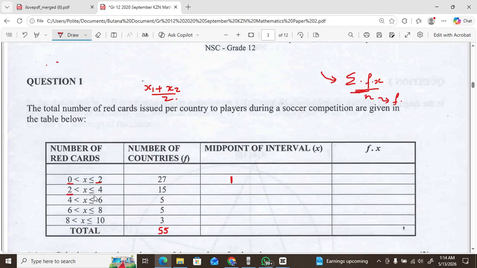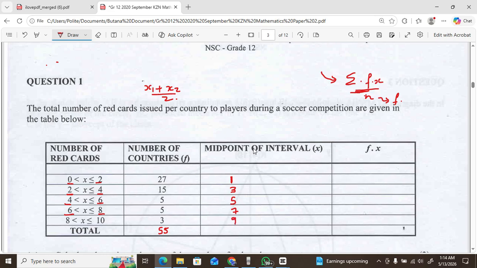Then 2, you add 2 with 4. That's 6. Divide by 2, 3. Then you say 4 plus 6, that's 10. Divide that by 2, we get 5. Then 6 and 8, that's 14. Divide by 2, we get 7. 8 plus 10, that's 18. Divide by 2, we get 9.